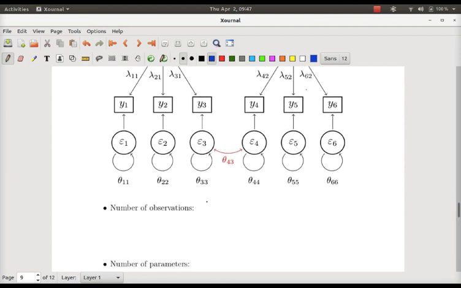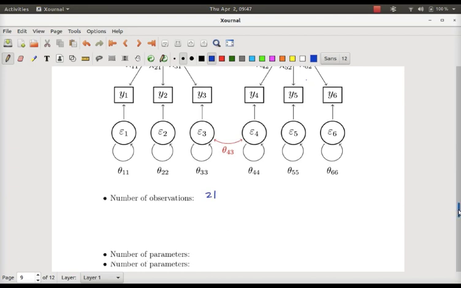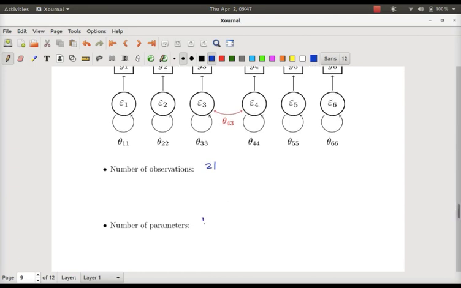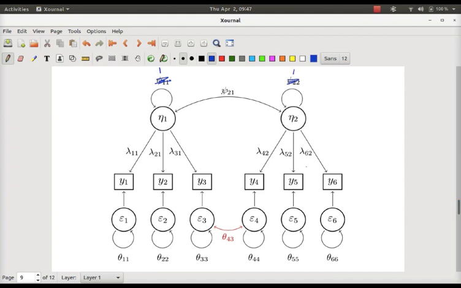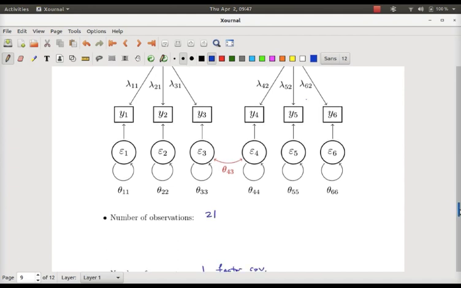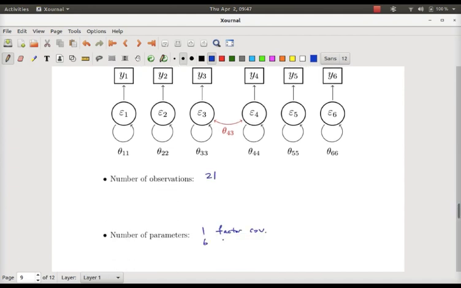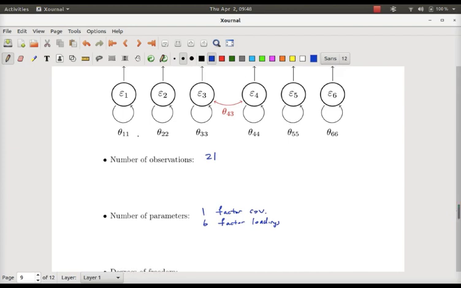So number of observations is the same, it's still 21. The number of parameters, it's almost the same, right? We've got 1 factor covariance. That was the Psi21 that we saw up here at the top. We've got 6 loadings. But this time we've got 6 residual variances and 1 residual covariance.